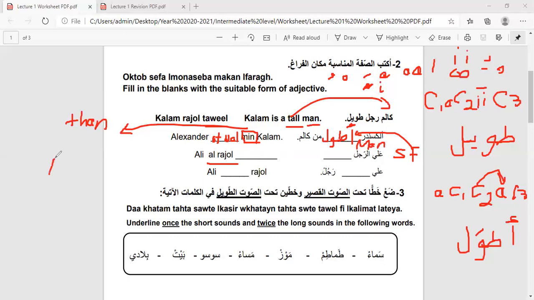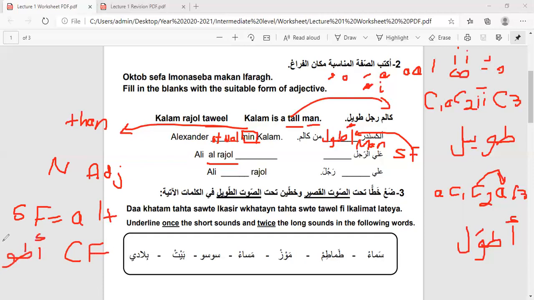If I start with a noun, Ali al-rajul, and then I have to put the adjective, then the superlative form is equal to L plus the comparative form. What is the comparative form? We said in the previous question, it's أطول. Now, what do I add to it at the beginning? A and la, الأطول.